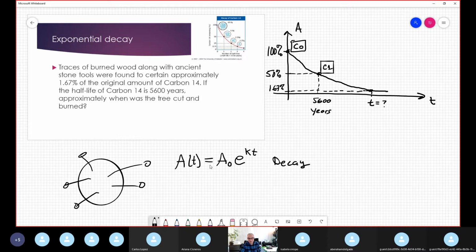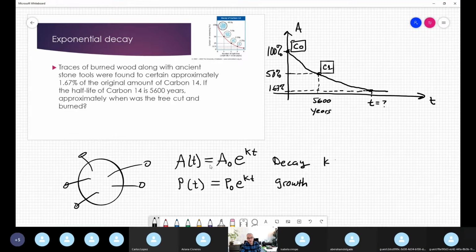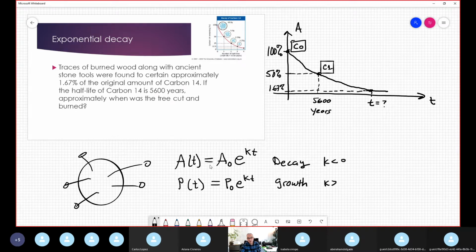This is a classical decay example; the exponential is decreasing. Look, the formula for growth is exactly the same, P null e to the kt. The difference is that here k is negative and in growth k is positive. That's it.